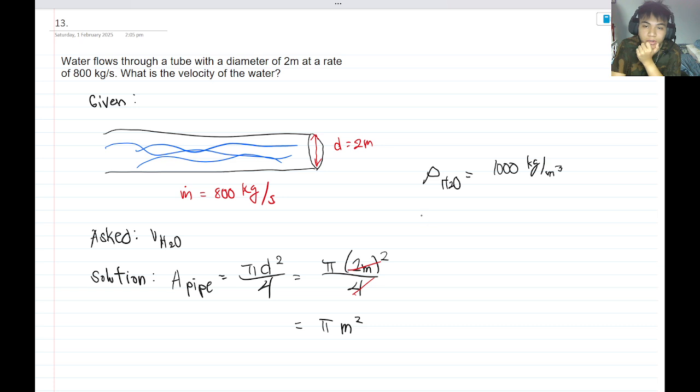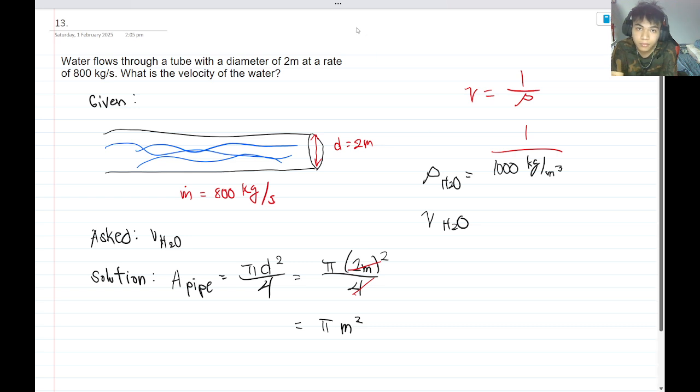We can try to find the specific volume of the water. Yun nga, the formula for the specific volume is just 1 over the density. So, meron tayong 1 over 1,000 cubic meter per kilogram.